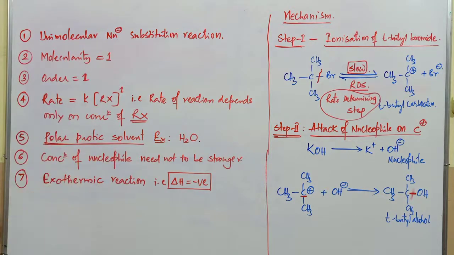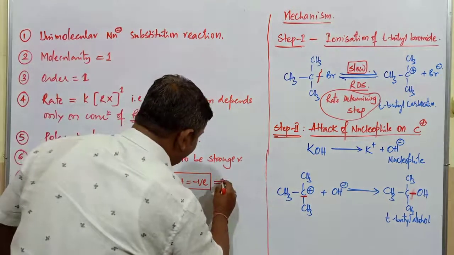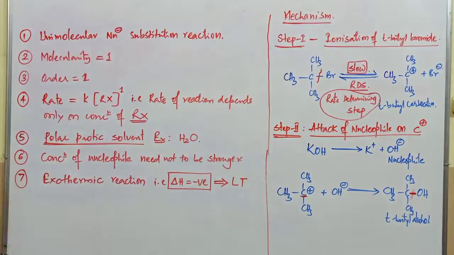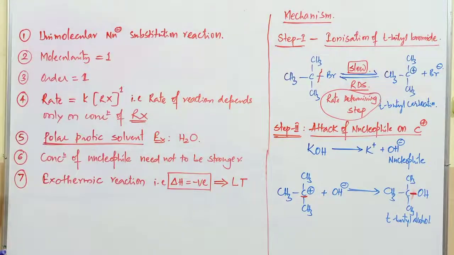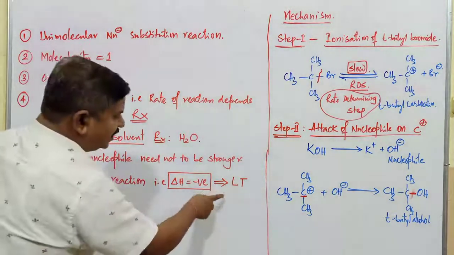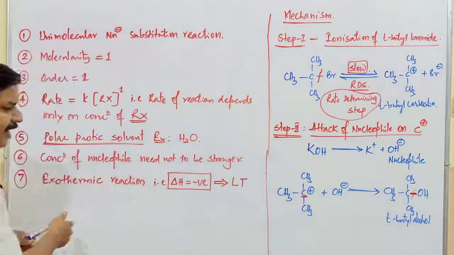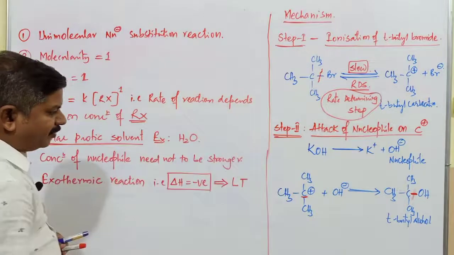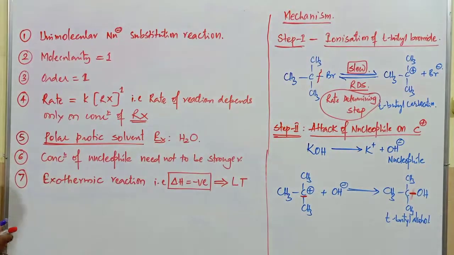Probably you have read about Le Chatelier's principle in equilibrium. Whenever a reaction is exothermic in nature, it is favored at low temperature. That is an important point. Low temperature favors this SN1 reaction because the reaction is basically exothermic. Why is it exothermic? I just mentioned that.